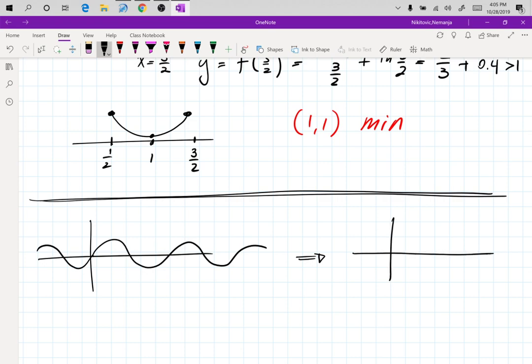So our sine would be from 0 to 2 pi, and it would have exactly 1 max and exactly 1 min. Now, this repeats infinitely many times, but once this is on domain negative infinity to positive infinity, this is on a domain 0 to 2 pi.